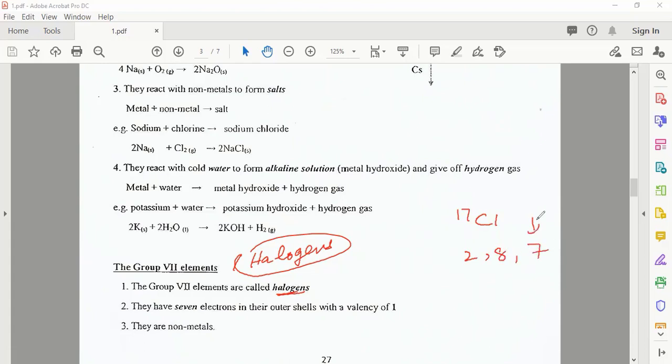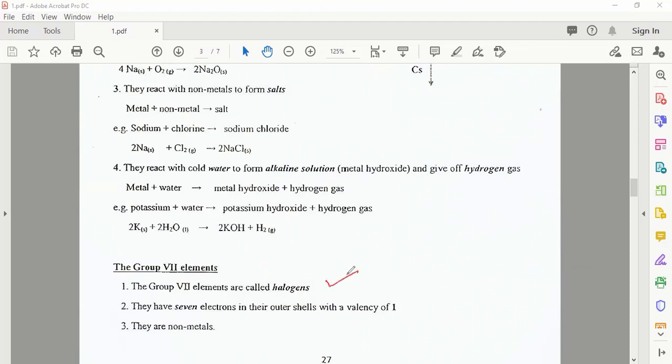The third shell can hold a maximum of 8, so if I add 1, it becomes 8 and the last shell is completed. It means that if they want to form ions, they will form a -1 ion. Anyhow, we'll see the properties. So group 7 elements, known as halogens, have 7 electrons in their last shell. They are non-metals.